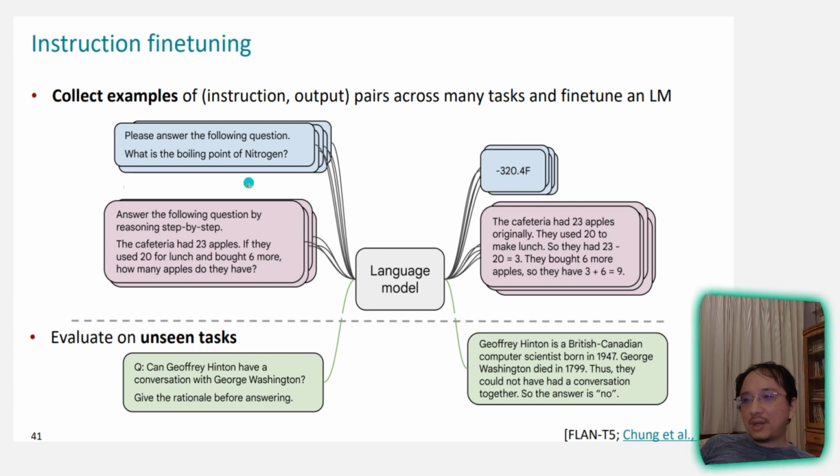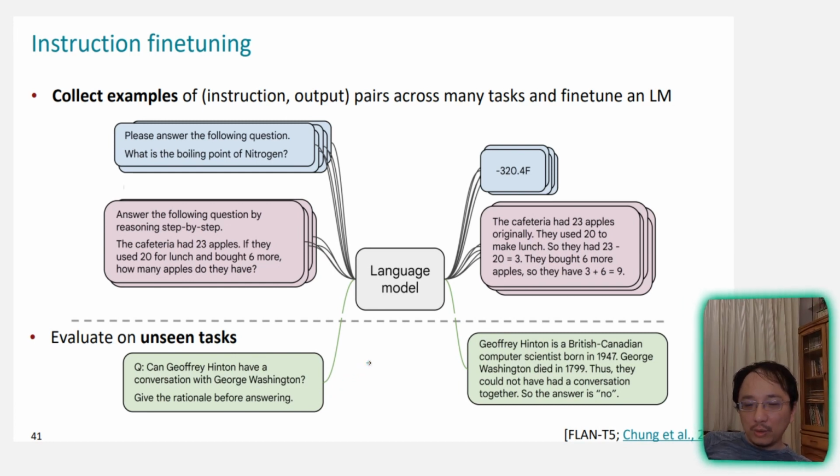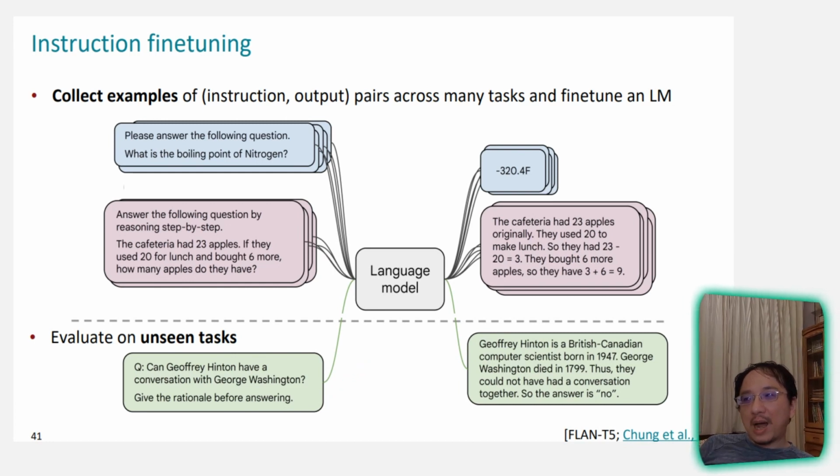After this kind of fine-tuning, it seems that the model can generalize. When it sees some text that it has never seen before, it can still follow the instruction and do what we intend it to do.